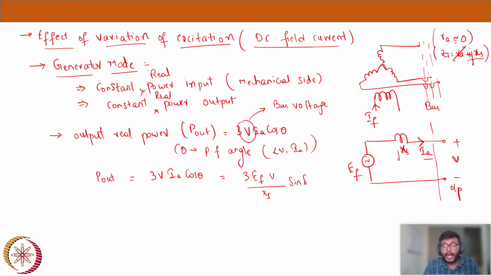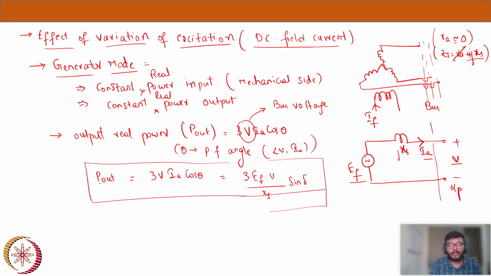Delta is the load angle, that is the angle between EF and V, the bus voltage, XS is the synchronous reactance, and sine delta is the sine of the load angle. Load angle is nothing but the angle between EF and V. Now, if we recall, this is an important formula. This is what we are making constant because we have fixed this constant.